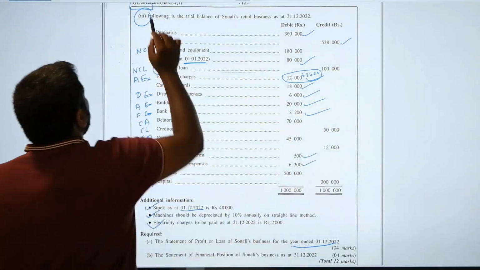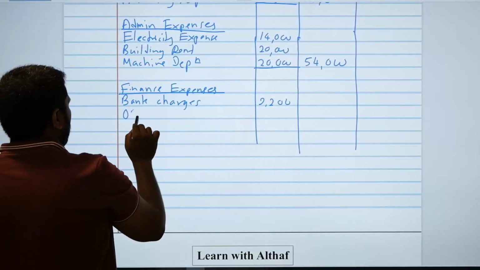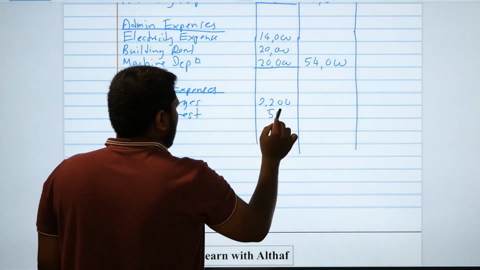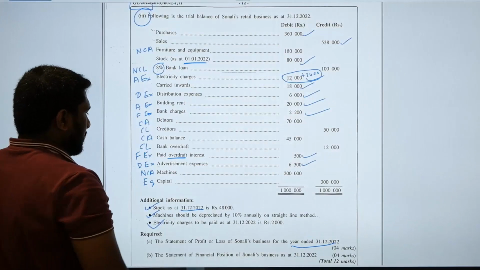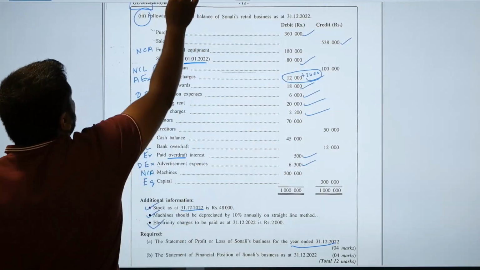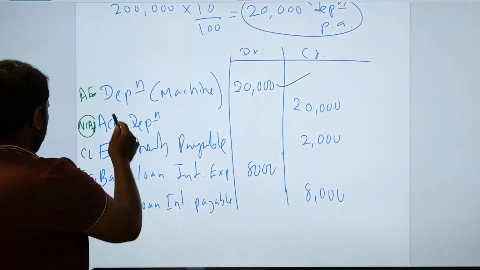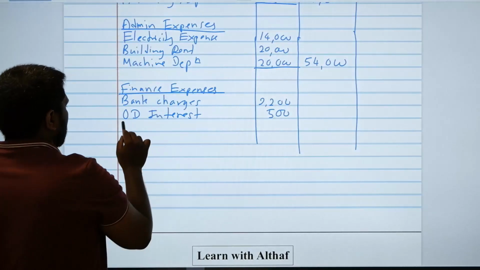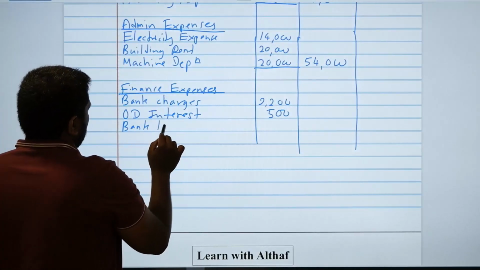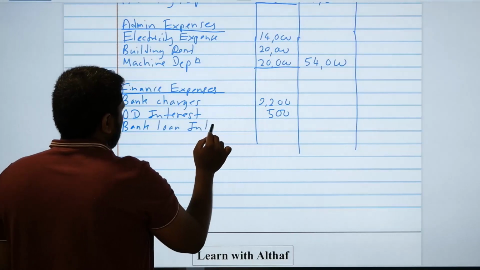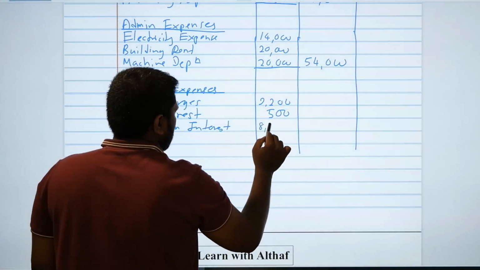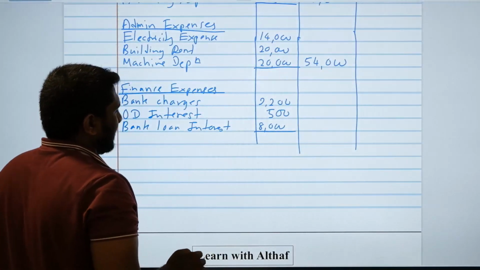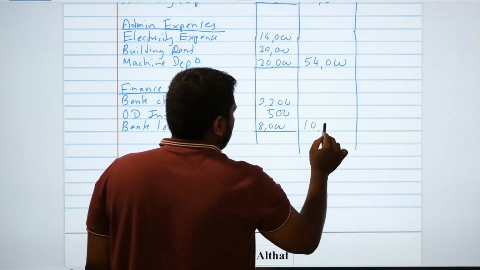Overdraft interest 500. And here we have bank loan interest 8,000. So what is the total amount that we are getting? 10,000, 10,200, 10,700.